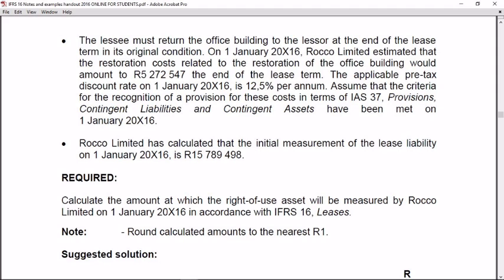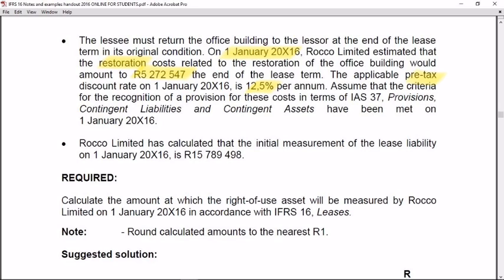The lessee must return the office building to the lessor at the end of the lease term in its original condition. On 1 January 2016, Rocco, the lessee, estimated that the restoration costs related to the restoration of this building would amount to 5,272 at the end of the lease term. The applicable pre-tax discount rate is 12.5% per annum, and you can assume that a provision was also recognized for these costs.